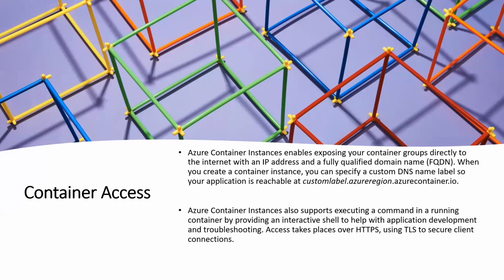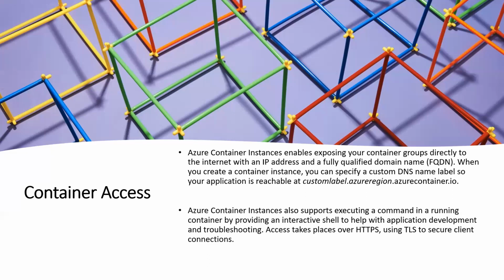Container access. Azure Container Instances enables exposing your container groups directly to the internet with an IP address and a fully qualified domain name. When you create a container instance, you can specify a custom DNS name label.